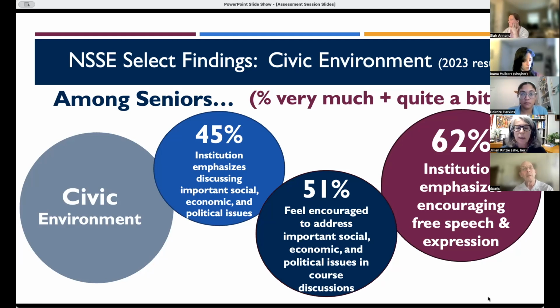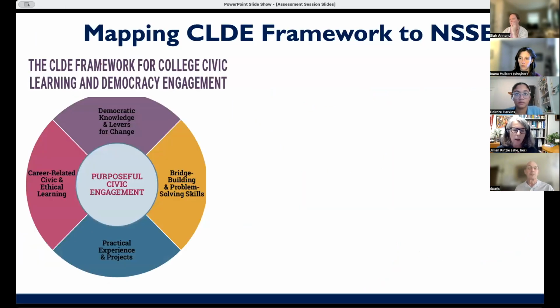And what David and the group inspired us to think about is how this maps to the new CLDE framework. So in the next slide, I've just started to demonstrate how the dimensions that David introduced map to survey items. Again, there's a correspondence here with color.